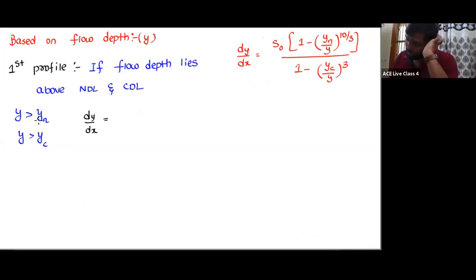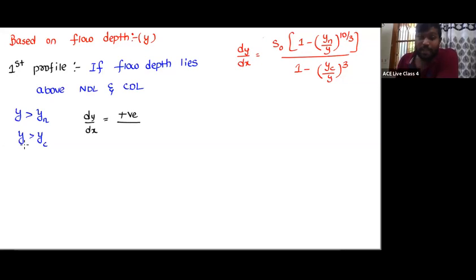When Y is more than Yn, Y more, Yn is less, denominator more, numerator is less. So total Yn by Y is less than 1. Yes or no? And 1 minus less than 1, the numerator is going to be positive.